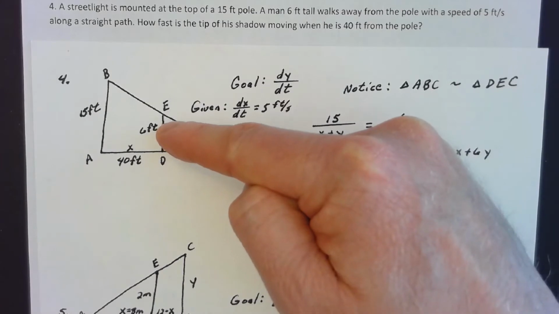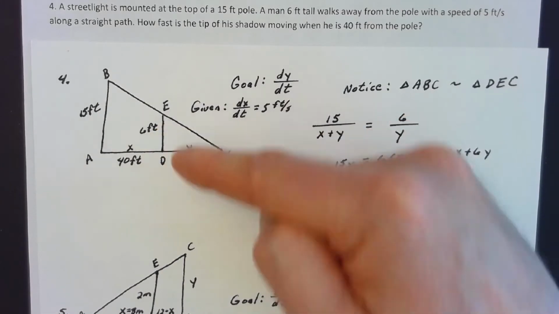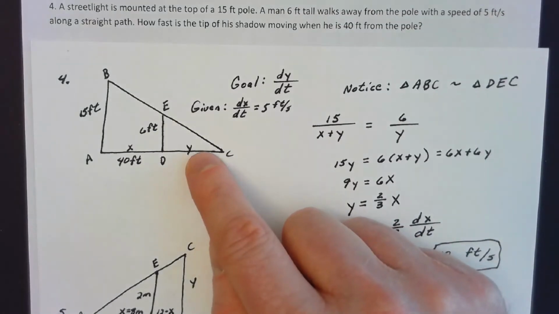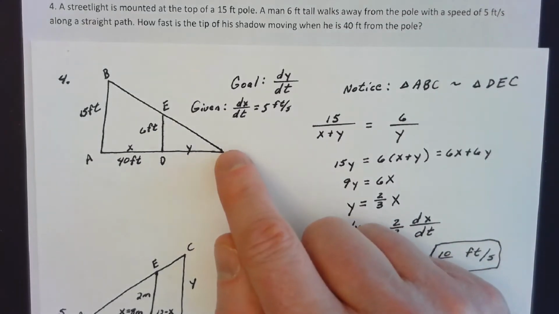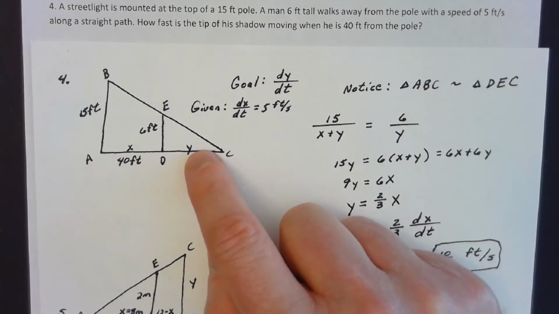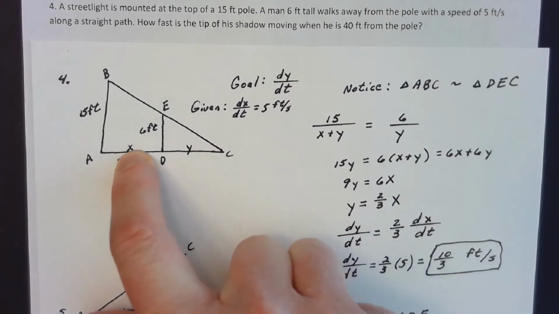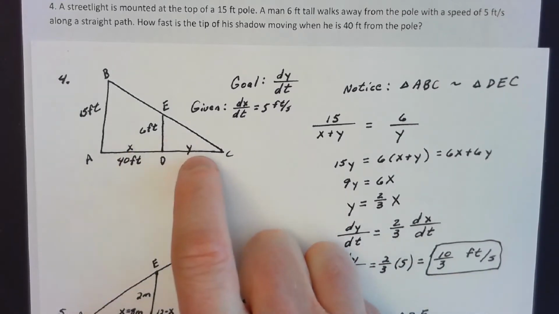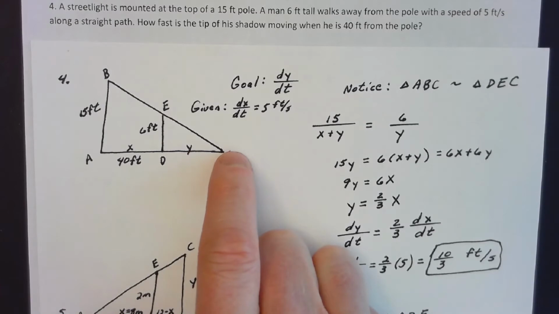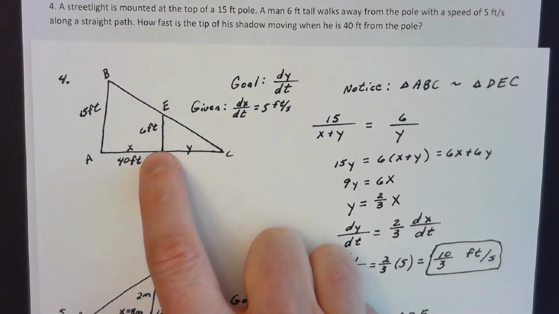Nor do I need to label his height anything. It's not changing. It's going to be a constant of 6 feet. But I do need to label the distance the tip of his shadow is from him something. Typically, I like to label any horizontal change x, but that's already representing his distance from the pole. So I'll let y represent the distance the tip of his shadow is from him.